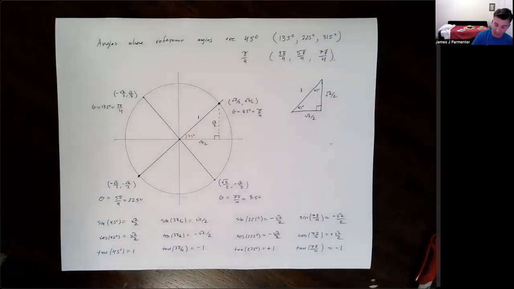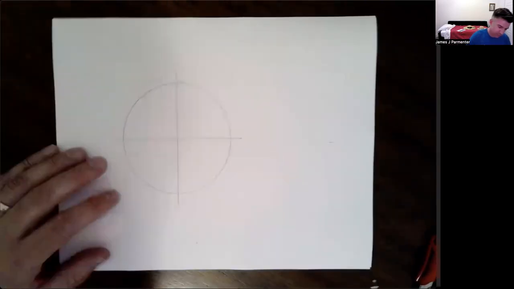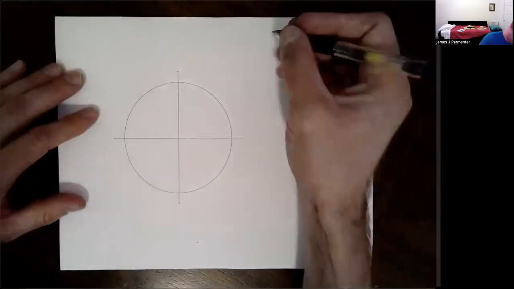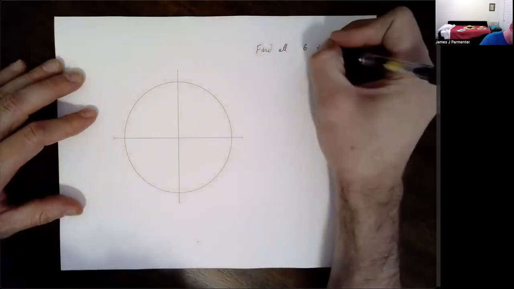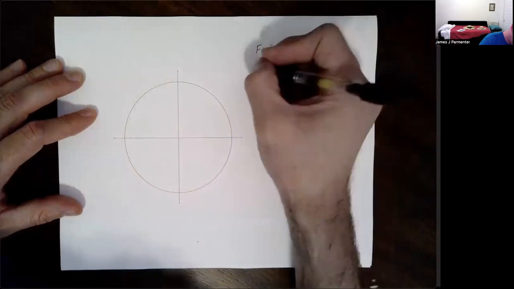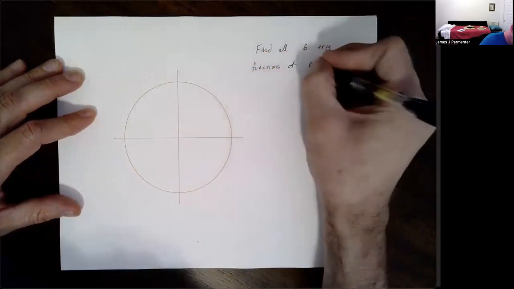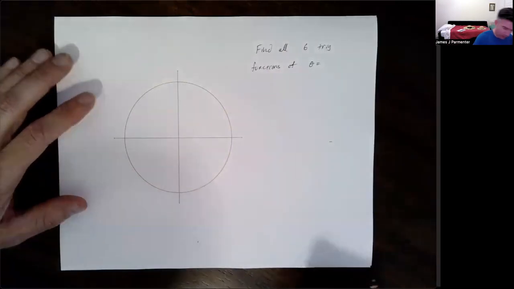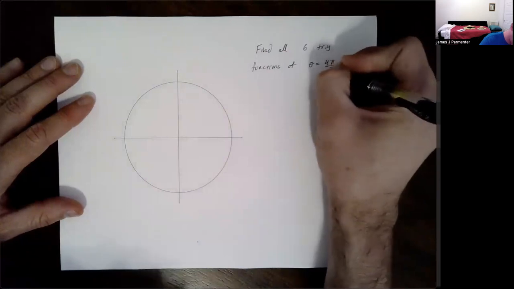So for example, if I said, find all 6 trigonometric functions of theta equal to, let's say, 4 pi over 3.